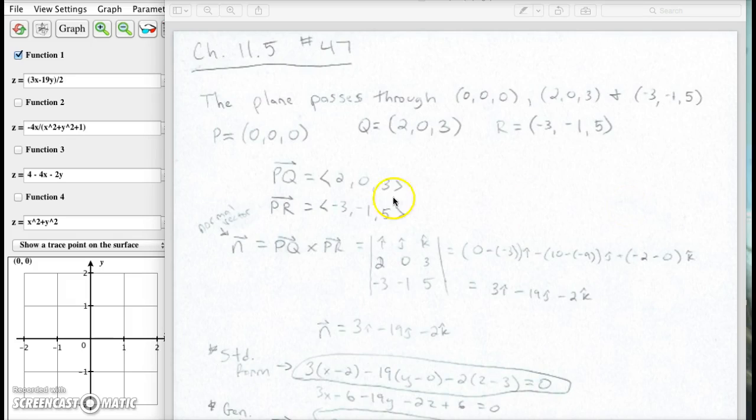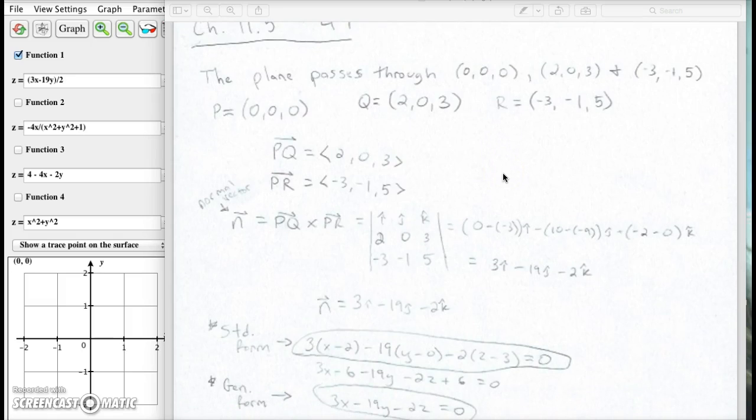First things first, I like to assign each point a variable. So I used P for the first point, Q for the second point, and R for the third. I feel like those are just the standard variables that are used. And next you need to find the vector between two of the points, both starting at the same point, such as I did here.